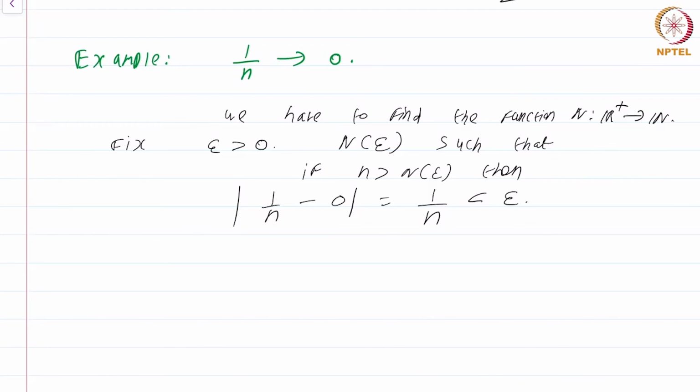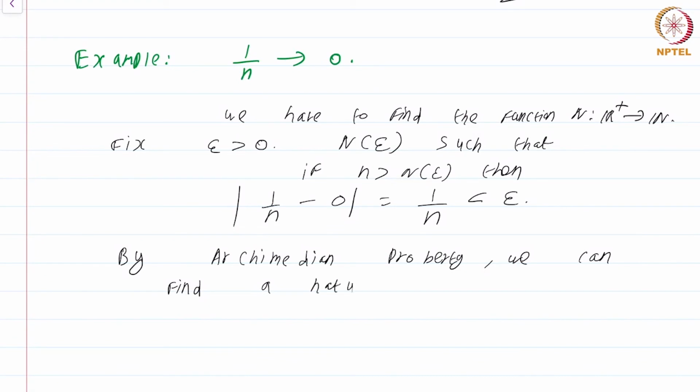Well, by Archimedean property, we can find a natural number N epsilon such that N epsilon is greater than 1 by epsilon.